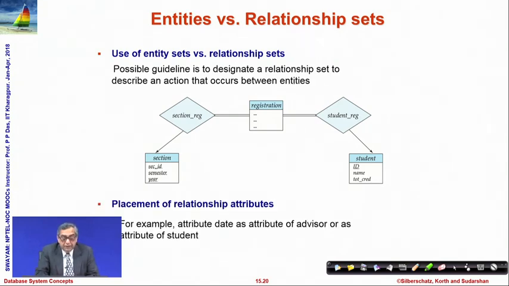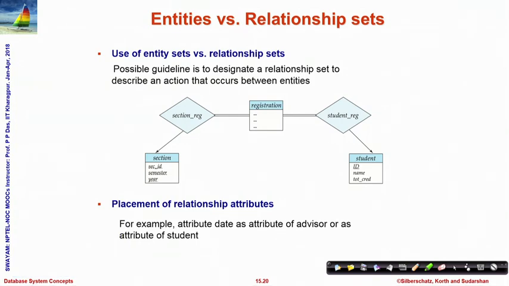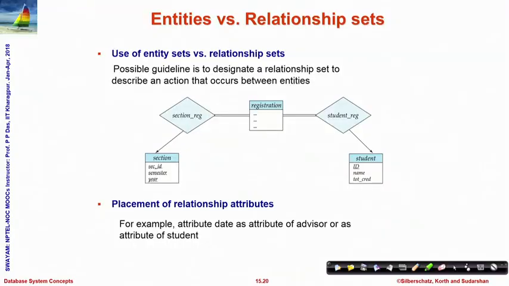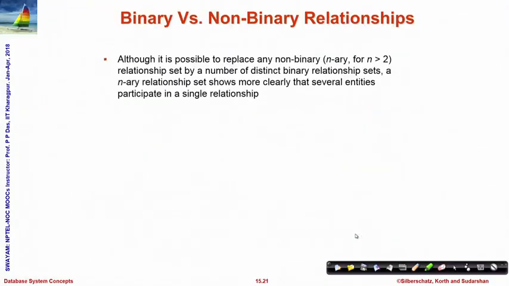We can have placement of relationship attributes also. The attribute date, which we talked about as an attribute of advisor to designate when a particular instructor became advisor of a student, is a common situation that we have already seen.